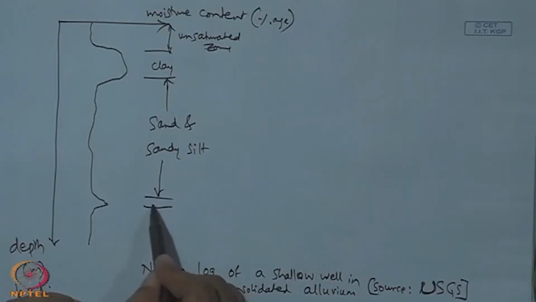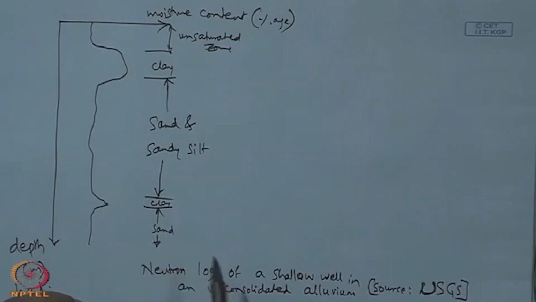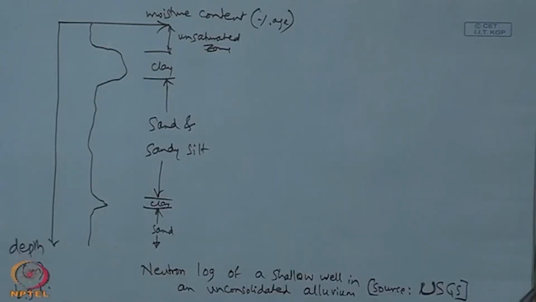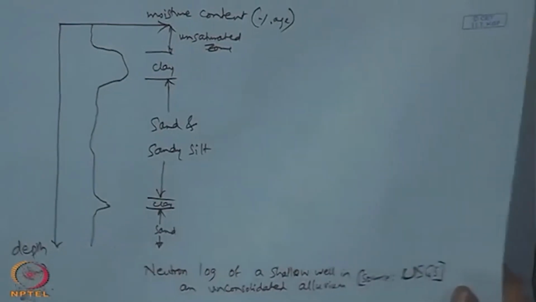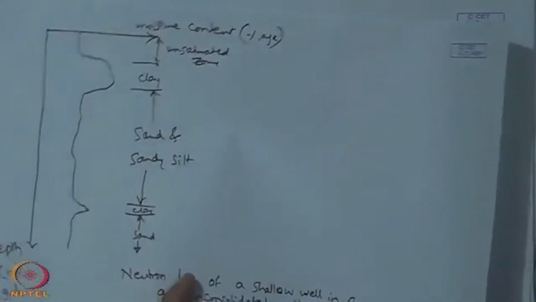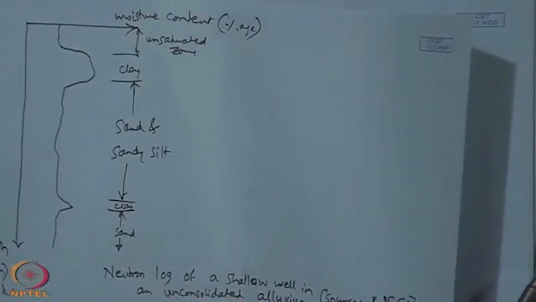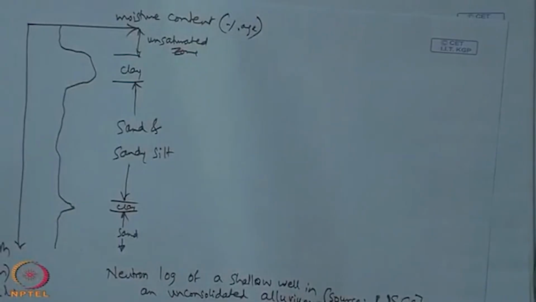Again, for a small depth it is clay, followed by sand. So, using the neutron log, we can estimate the soil moisture, and also the porosity.